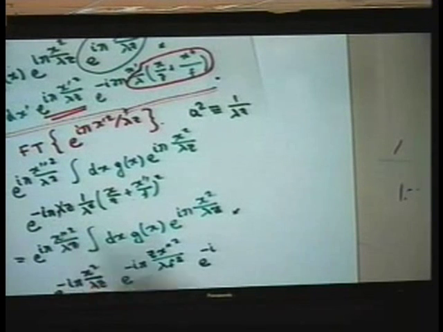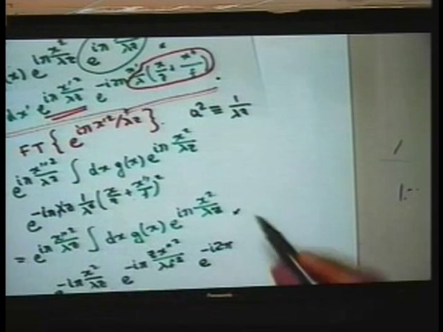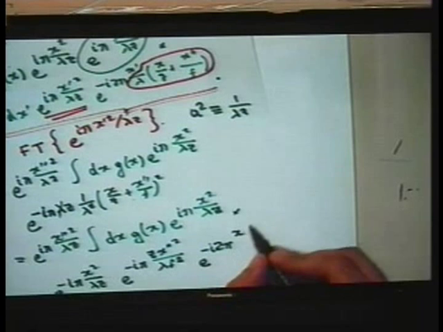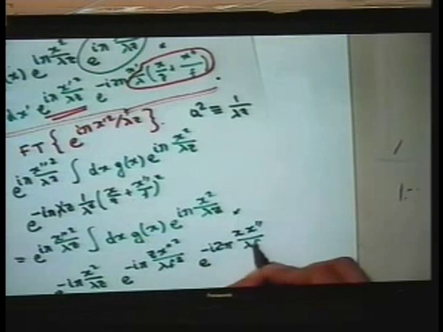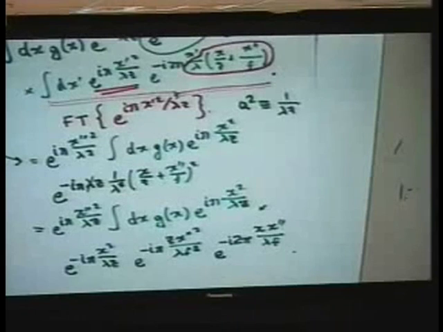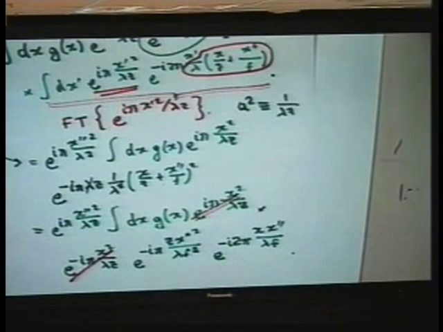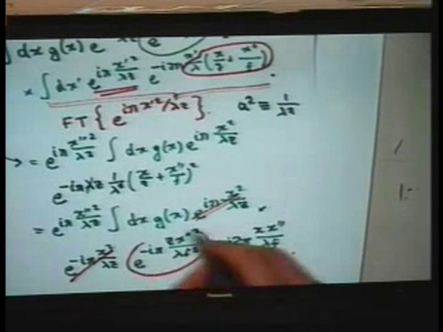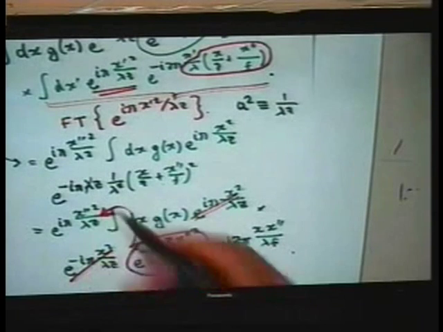Let me do it carefully. I will get 2 pi, and what is left here, 1 z will cancel. I will get x double prime upon lambda f. And now happily we see that this additional quadratic that was very annoying over here, this one, it got killed by this one. This one is not playing in the integration either, so I can actually take it out of here.